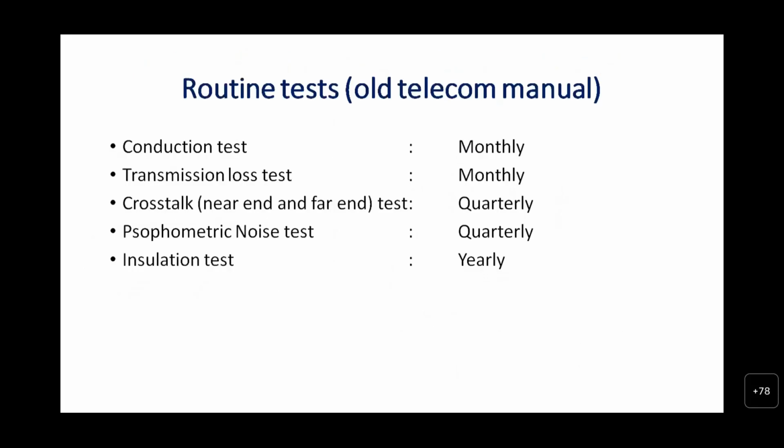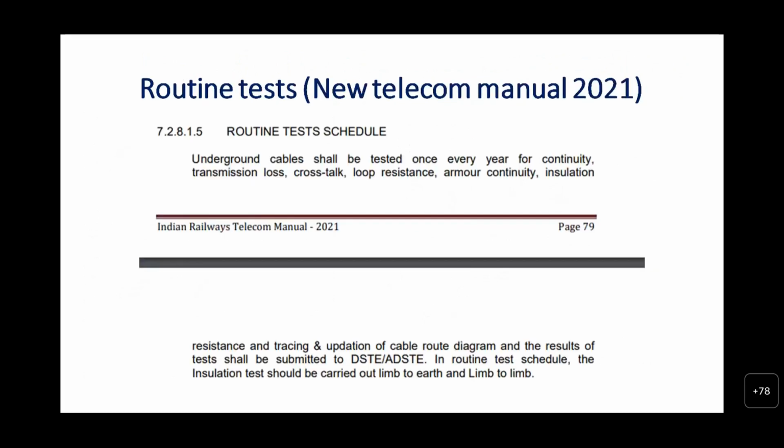All these days, until last year, we have been conducting the conductance test and transmission test monthly, crosstalk and psophometric test quarterly, and insulation test yearly. As per the new recommendation of the Telecom Manual 2021, the routine tests have been revised.